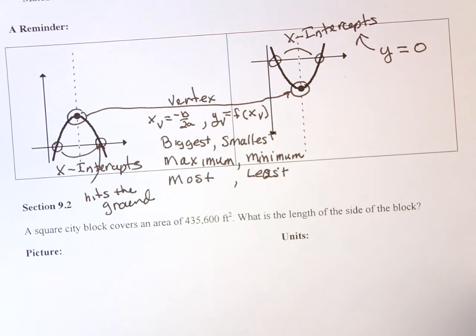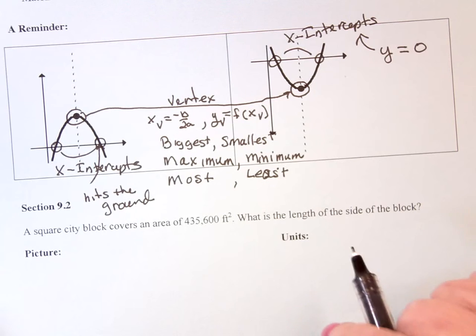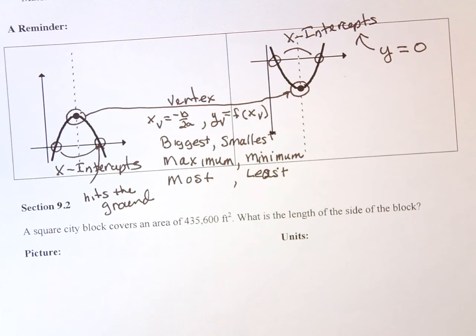Why? Because how high off the ground is the arrow when the arrow hits the ground? It's 0 feet off the ground. So I have a y value of 0. So it's extremely important that you pay attention to what it's looking for and what formula you're dealing with.